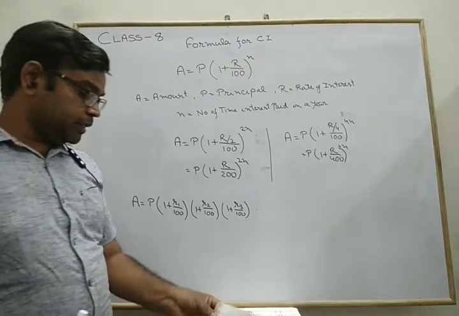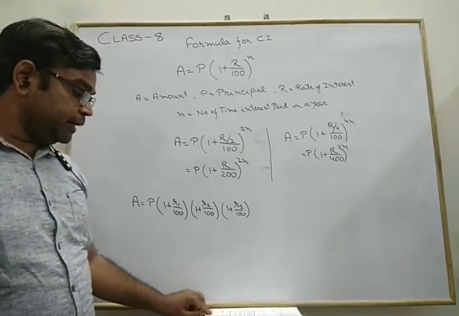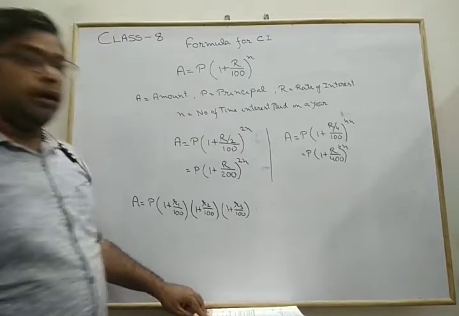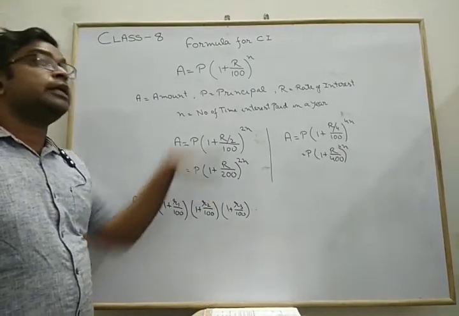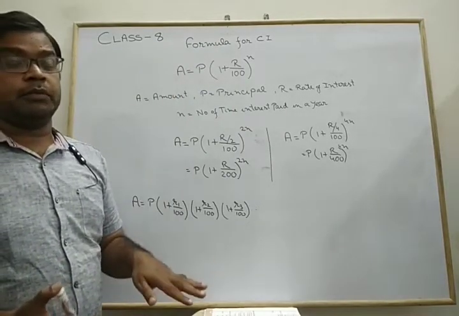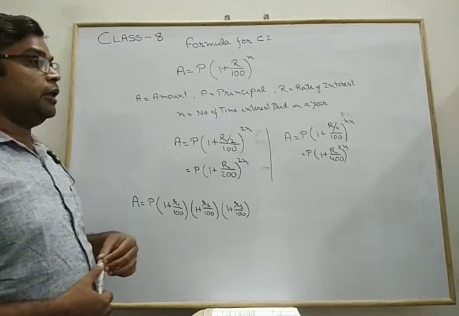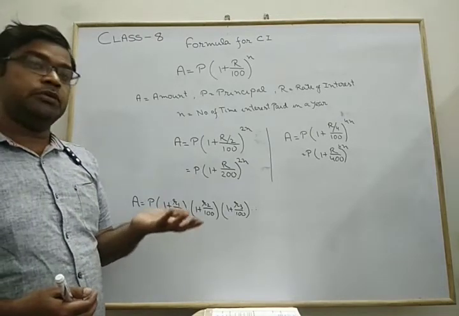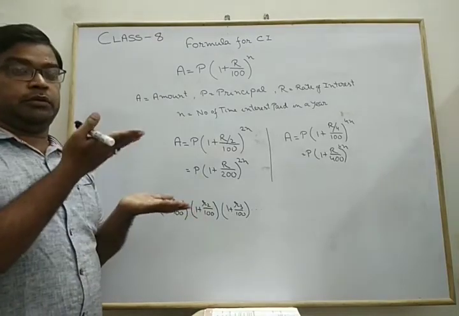Then one more topic is given: appreciation and depreciation. Appreciation means increase with time, and depreciation means decrease in time. Suppose we purchase some gold item. As you know, gold is increasing every day.